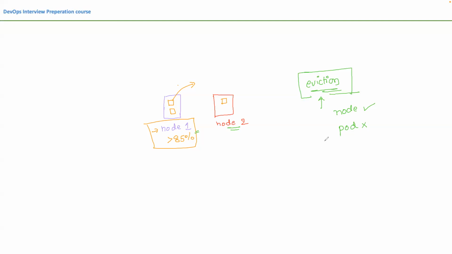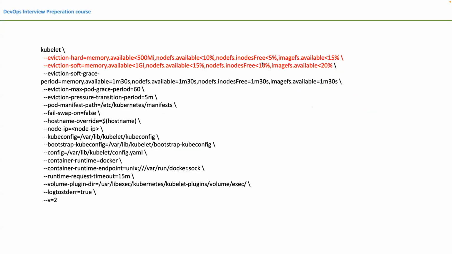How would the whole configuration look like for a particular node? This is how it would look. This is a very sample configuration. We have the host name that will get the node name basically. But the important configuration that we want to speak of is eviction hard and eviction soft. What it is telling here is if the memory available is less than 500 MB, the node FS availability is less than 10%, the inode is less than 5%, and the image FS, that is the place where we would keep the Docker images, is less than 15%, then this would be a hard eviction.